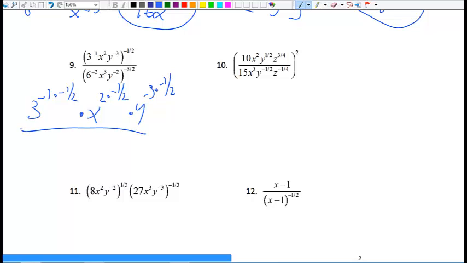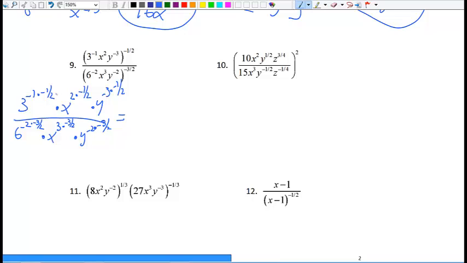And this is all over 6 to the negative 2 times negative 3/2, then times x cubed times negative 3/2, times y to the negative 2 times negative 3/2. We're going to multiply out the exponents there and see what kind of numbers we get.